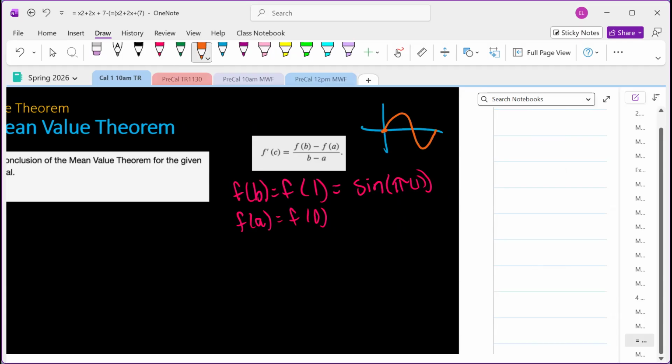So sine starts at 0. At pi over 2, it's up at 1. At pi, it's back to 0 again. So the sine of pi is 0. Then when we substitute 0, we get the sine of 0, which is also 0.